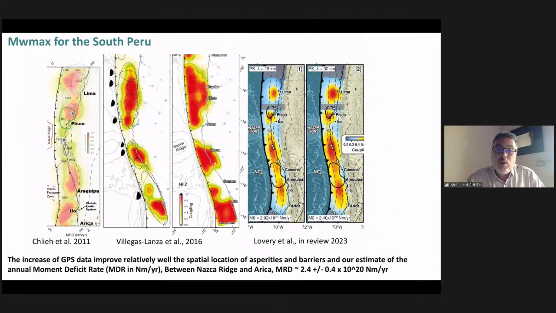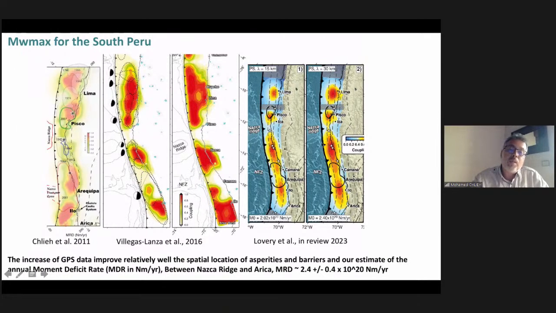So for Peru, Anne and Juan Carlos have shown you these different maps in detail. You see here how these maps have evolved with time and with the inclusion of many new observations, an increasing number of observations. We can see some principal characteristics, like the low coupling that appears in any of these maps near the Nazca Ridge.